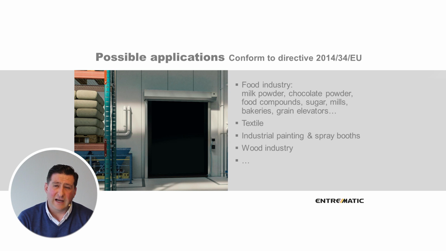These are all items where the dust is explosive, so it can be an important market to promote the doors. And of course also the wood industry and industrial painting and spraying booths are a big potential for our ATEX doors.